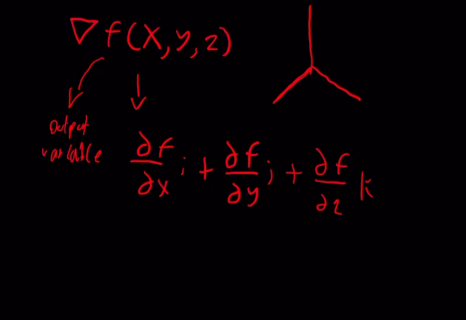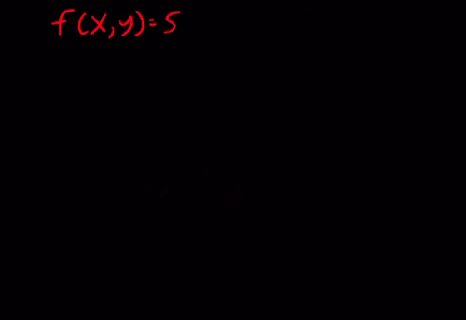Now, this may seem too complicated, so let's keep the application in 3 dimensions. Now, let's say we have a function f of x, y is equal to sine or cosine x plus cosine y.